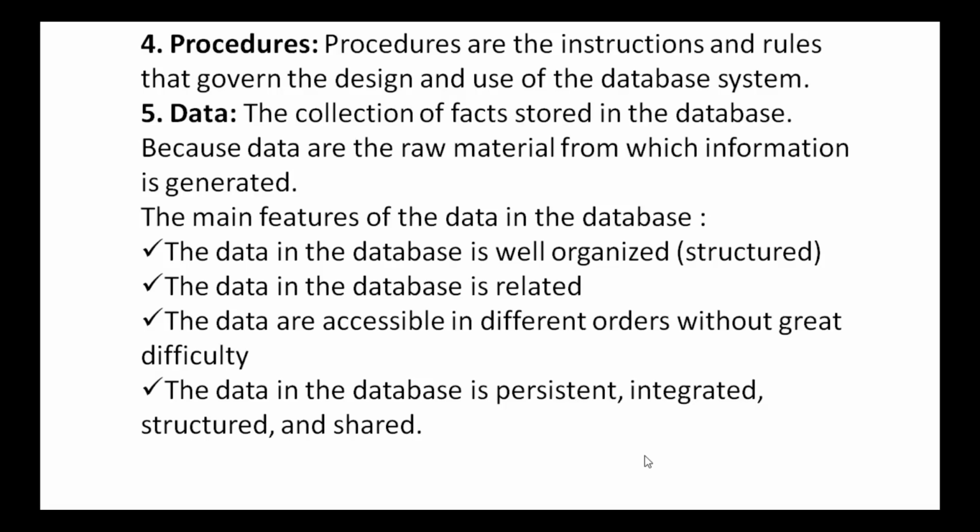The data in the database is related; the tables or files within the database system are related to one another. And the data is accessible in different orders without great difficulty. So with less complexity, the required data can be accessed by different persons and satisfies different end user requirements also.